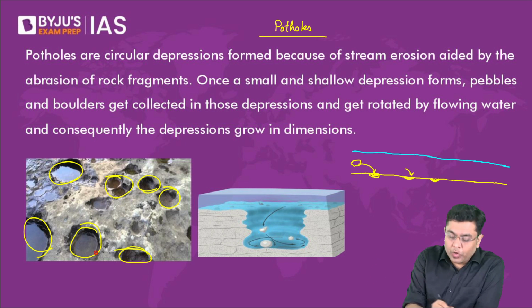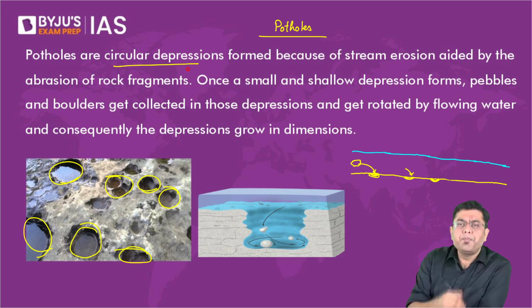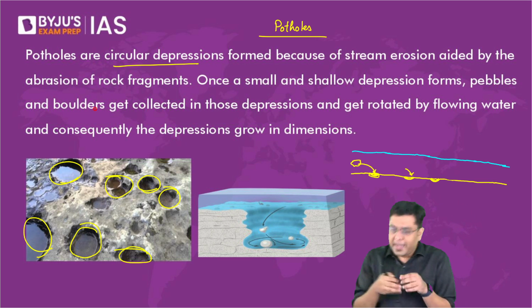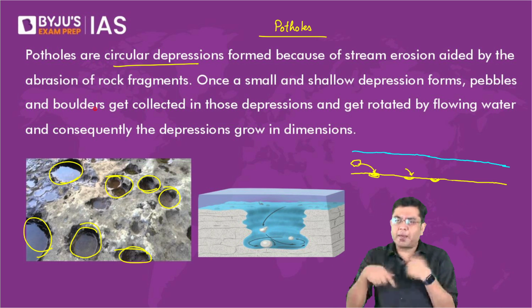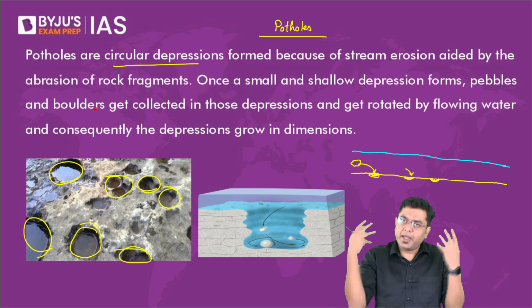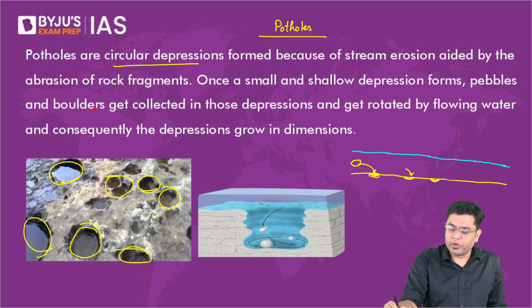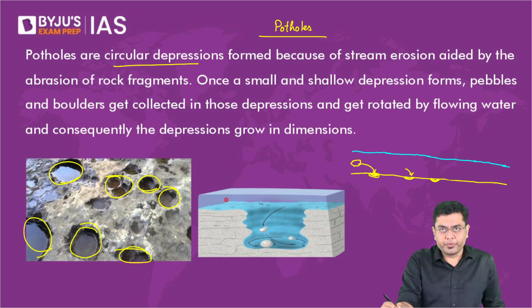So they are circular depressions formed due to stream erosion aided by the abrasion of the rock fragments. Abrasion means as the rock hits, it will get broken into small fragments. As it further rolls and hits, again it will get broken into multiple smaller fragments. So that is what we refer to as potholes.